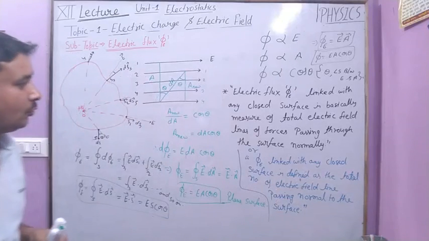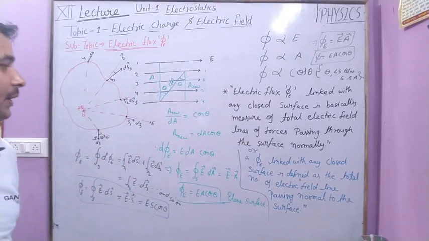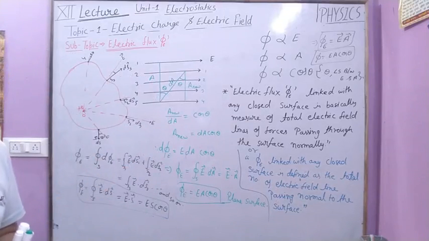Okay, these are the two definitions of electric flux passing through the surface.